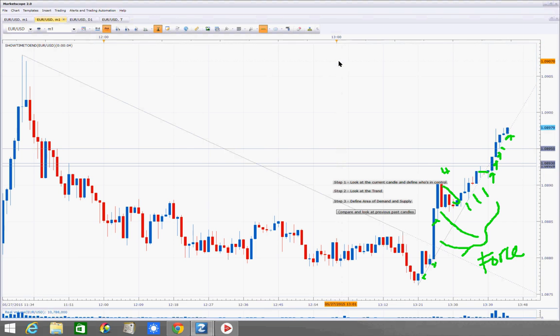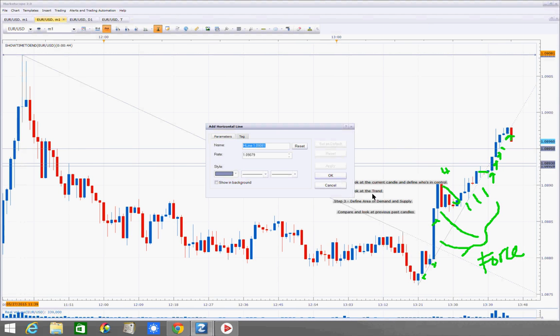Anyone? There's no peaks over here, so the last peak is at 109.08.